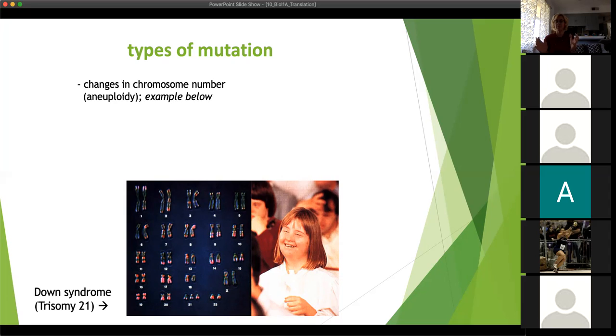When the number of chromosomes changes, there are dramatic consequences on the offspring. So what they're showing you in this image is an individual who has Down syndrome. Down syndrome is caused by what we call trisomy 21. So instead of 2 copies of chromosome 21, this individual has 3.